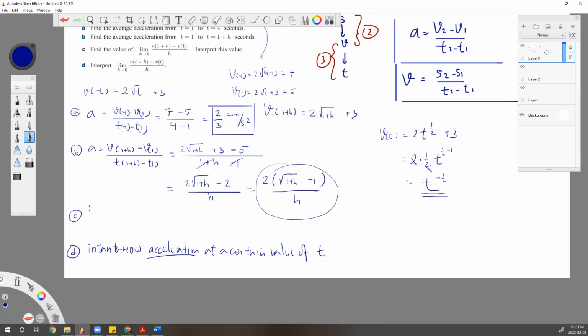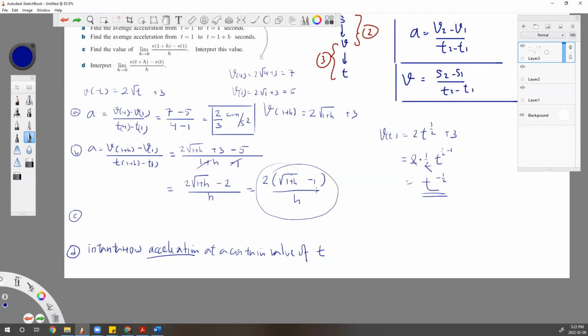If I put 1 when h equals 0, so 2 times (square root of 1 plus 0, minus 1) over 0, something is wrong, right? This is 0 over 0, undefined. It is a prohibition for the limit. Remember, the limit prohibition is 0 over 0. So what we have to do is try to annihilate the h somehow.